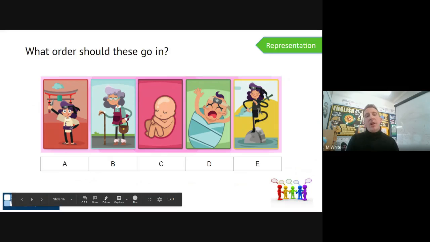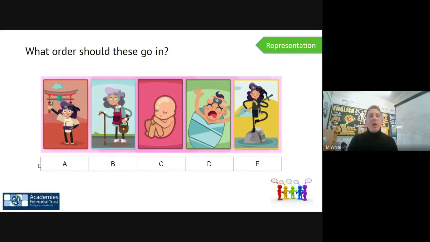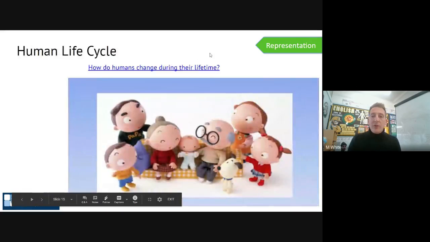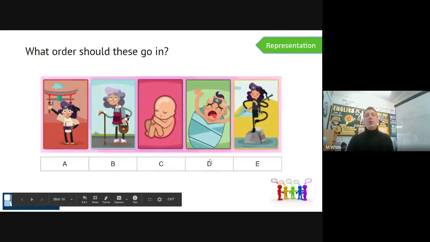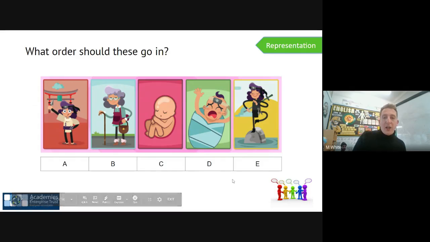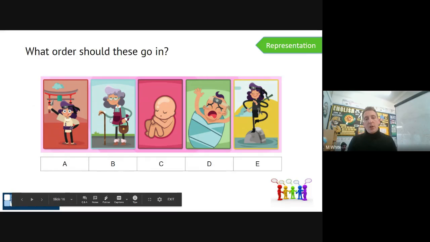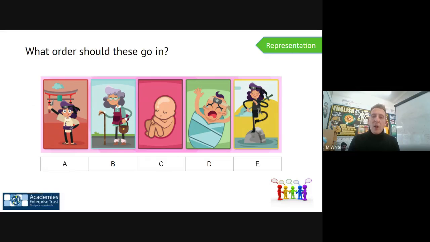Then what I'd like you to do is have a go at this, because that video will help you, because it is a BBC Bitesize link, that one. So there is some further information on there as well, not just a video. But that will enable you to complete this task here. So you've got 1, 2, 3, 4, 5 different pictures there of different stages of a life cycle.